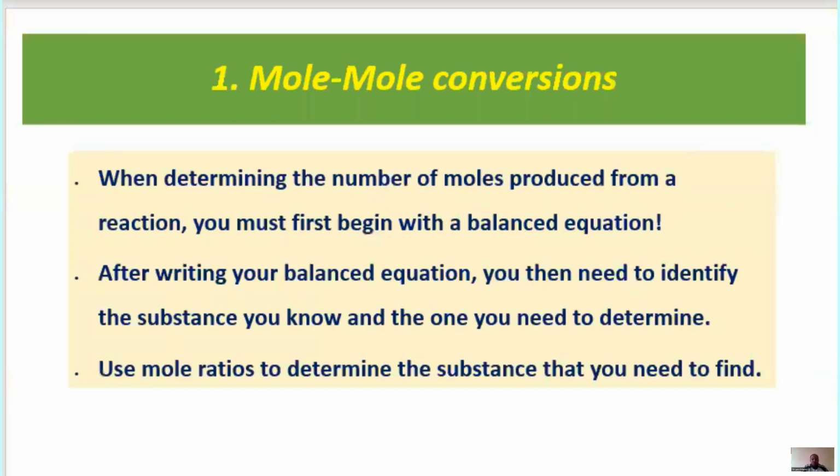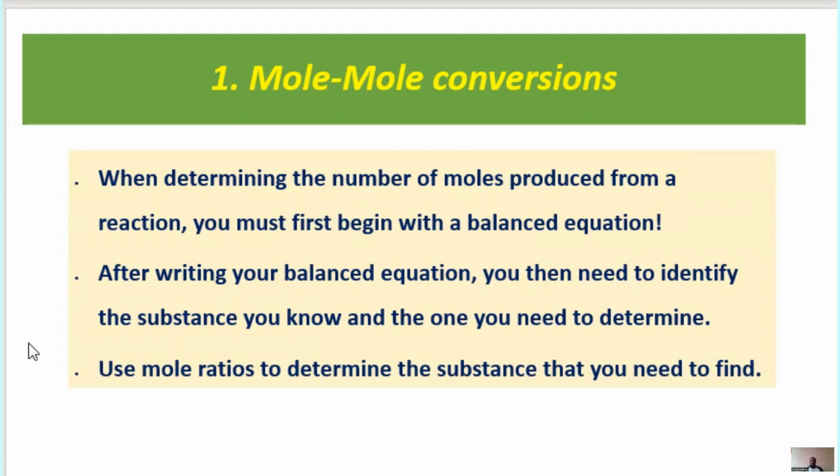What does mole conversion, or mole problem, or mole relationship mean? When determining the number of moles produced from a reaction, you must first begin with a balanced chemical equation. In this kind of conversion, the moles of the reactants or products are given, and the moles of the reactants and products will be what's required.